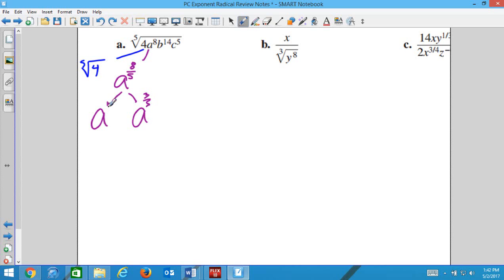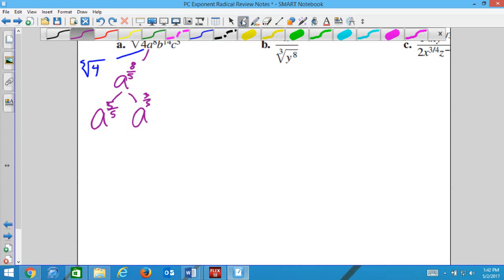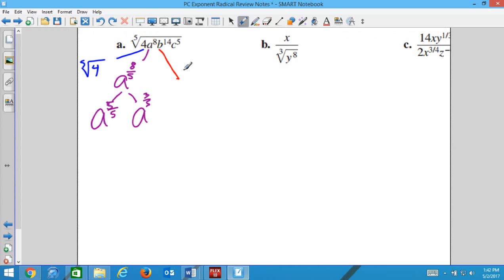Did I make that clear? So like the exponent, the power, there's 5 of them, and then 3 more left over. And then the full 5 come out. Same thought process with the b. We've got b to the 14 over 5. How many times does 5 go into 14? 2.